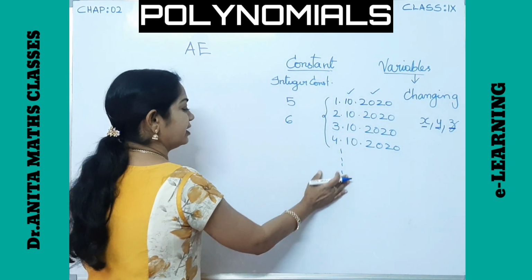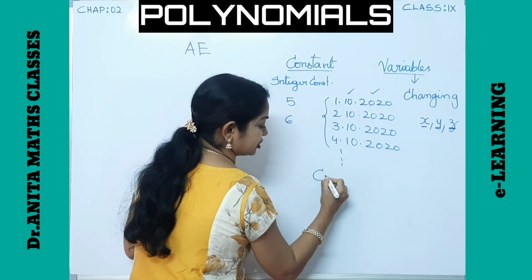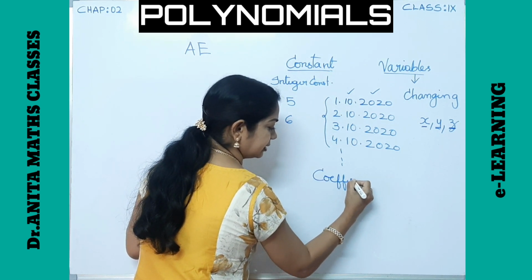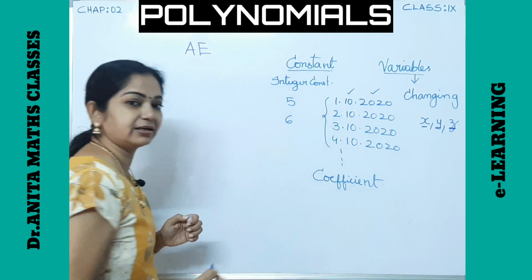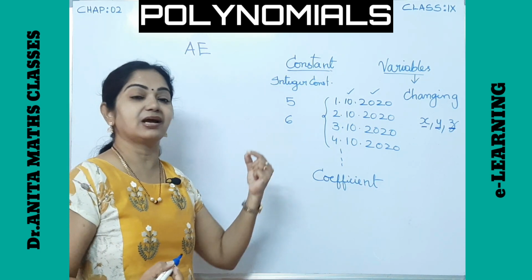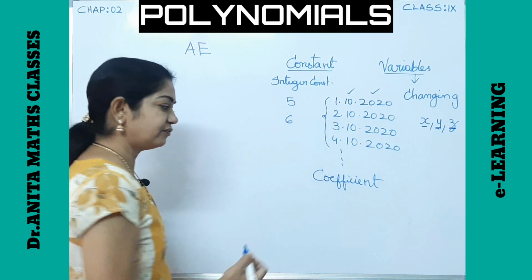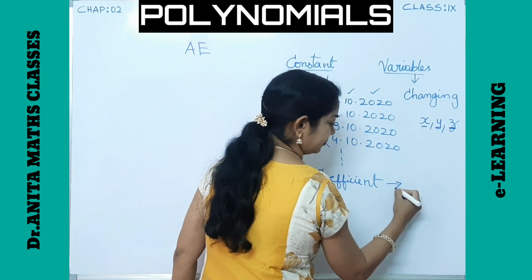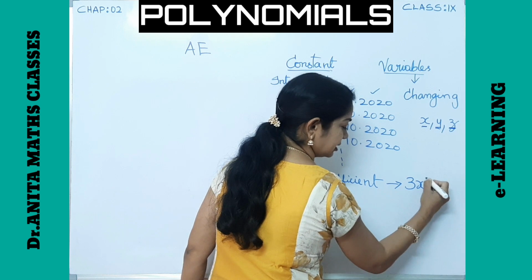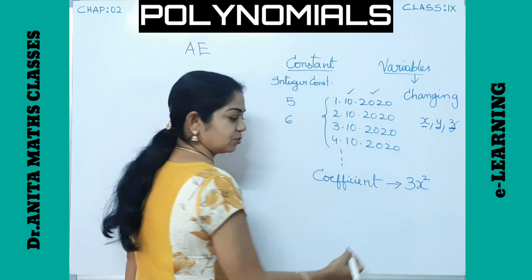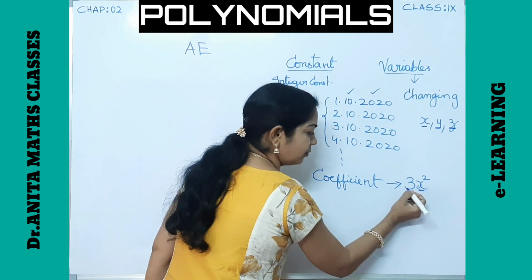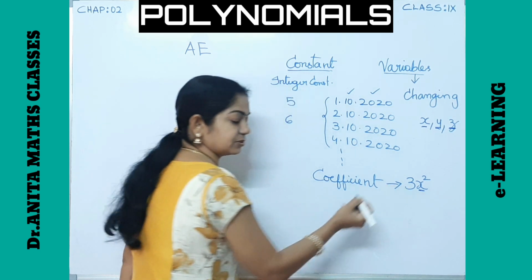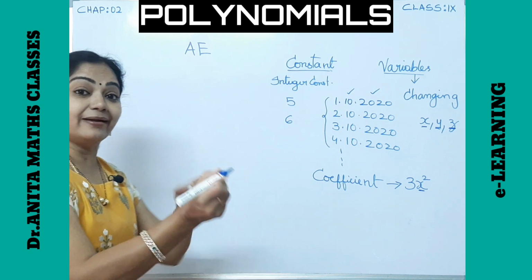And also we have another one, that is coefficient. Coefficient is nothing but a number which is attached to the variable. So if I take a number like 3x square, the variable here is x. The number which is multiplied, attached to it, not added or subtracted.